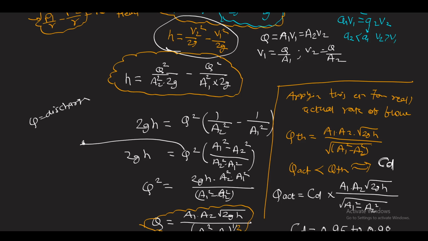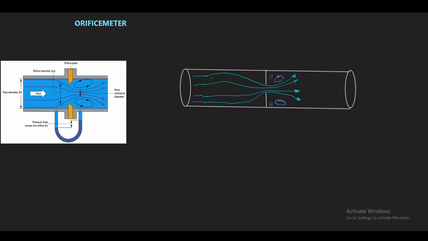Okay, the next important application of Bernoulli's principle is the orifice meter. Actually, the orifice meter is somewhat similar to the venturimeter, as it is based on Bernoulli's principle: the area is reduced here and a pressure difference is created. So there we also assume the first section at this point, and we calculate the pressure head at this point, and the next point, that is at the throat.